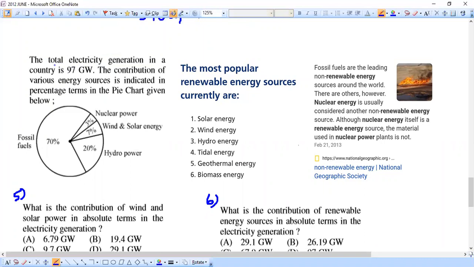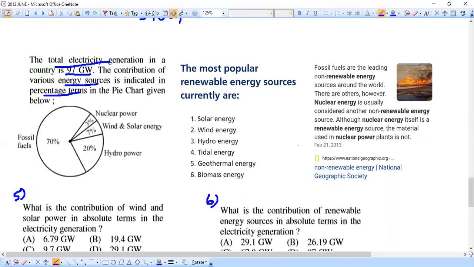Total electricity generation in a country is given to be 97 gigawatts. The contribution of various energy sources is indicated in terms of percentage in the pie chart below. There are actually 4 different sources you can see here. Nuclear power is contributing 3%, wind and solar energy 7%, hydropower 20%, and fossil fuels 70%.